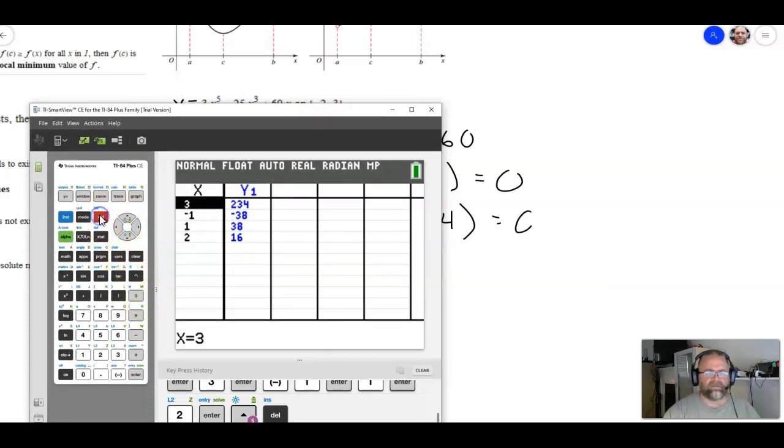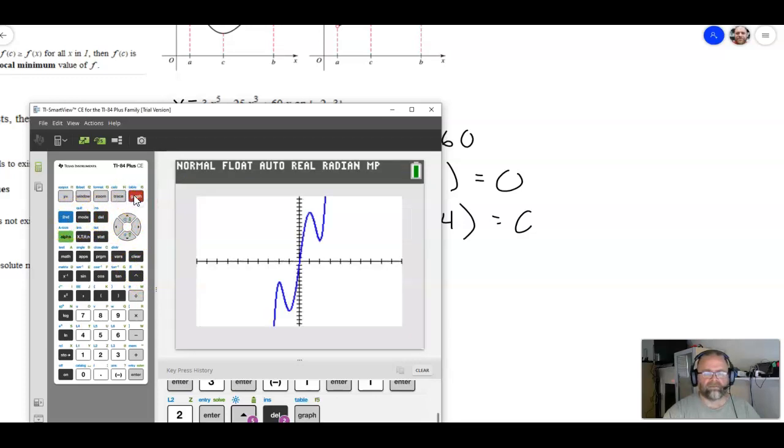And at all of these points, now I'm going to look at my graph here. So at negative 1, we have a local minimum. At positive 1, we have a local maximum. And at positive 2, we have a local minimum.